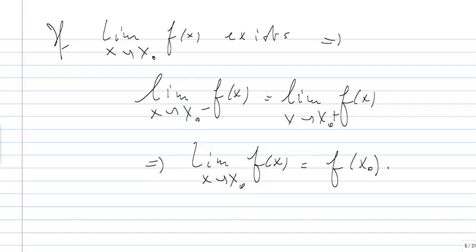So if you do have a limit, the limit is exactly the value, which means that the function will be continuous at that x0. Whenever you have a limit, the function will be continuous at that point, okay?